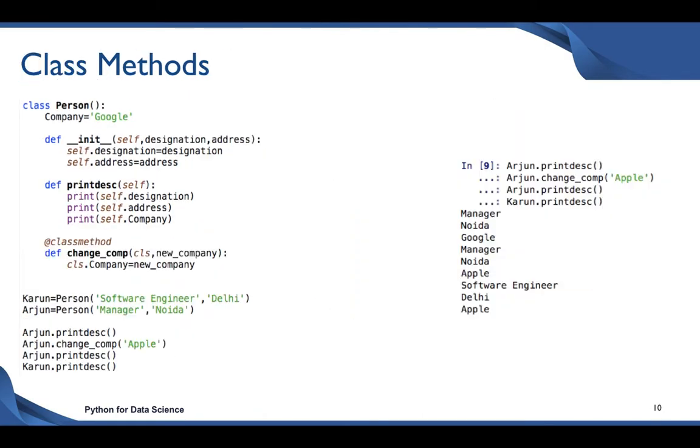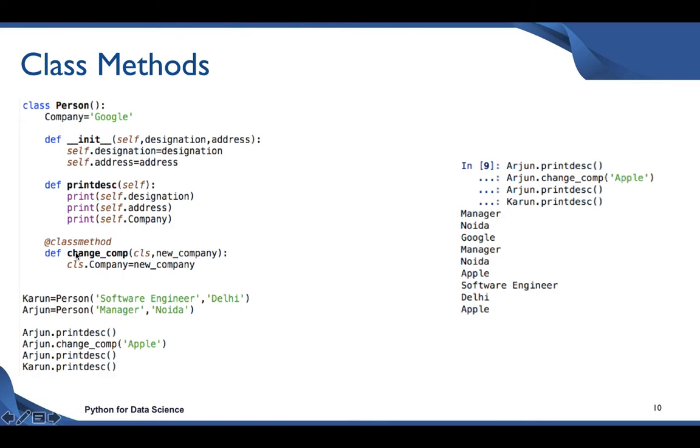Okay, so now this was the instance method. Now we will look at the class method. So what is a class method? The class method consists of the variables of the class. So we need to define cls. In the instance method we have defined self because it points to the current instance.